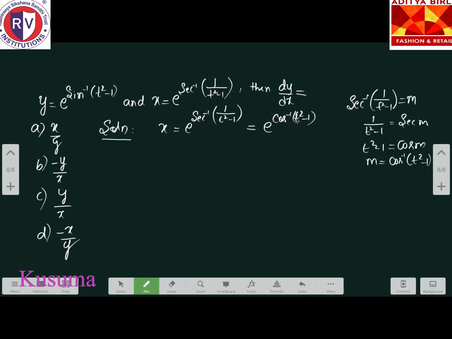Why did cos come? How can secant inverse x be equal to cos inverse x? 1 by secant x equals cos x. That means secant inverse x equals cos x. No, that is not true.